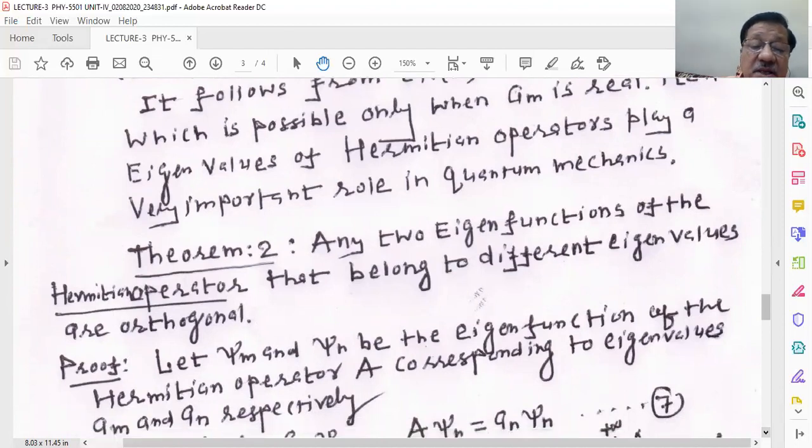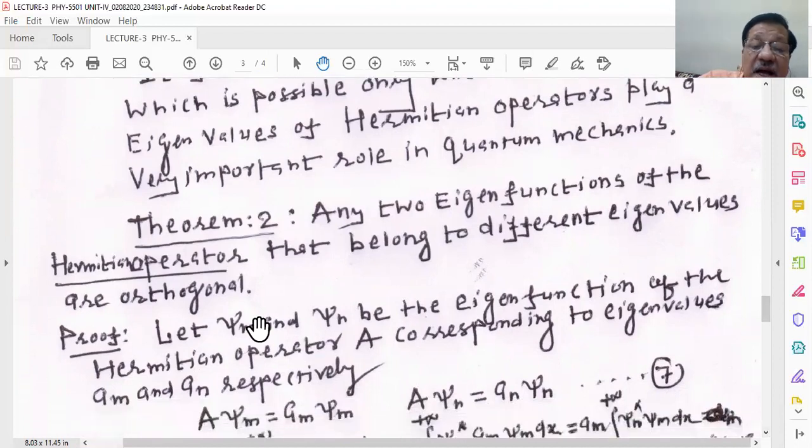Suppose I have an eigenfunction psi m and another eigenfunction psi n.